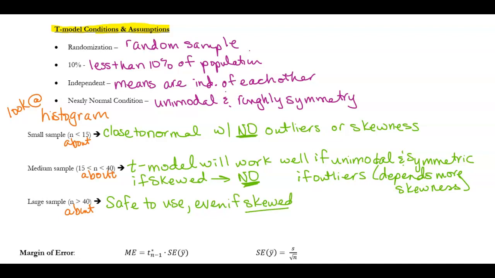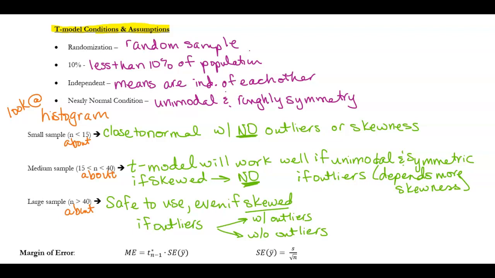Okay. Now, the only thing here is if you have outliers in this data, you're going to run it twice. You're going to do it once with outliers, and then you also would do it without the outliers. Sometimes the outliers are what actually tells us the story about the data. So sometimes you have to look at it both times.